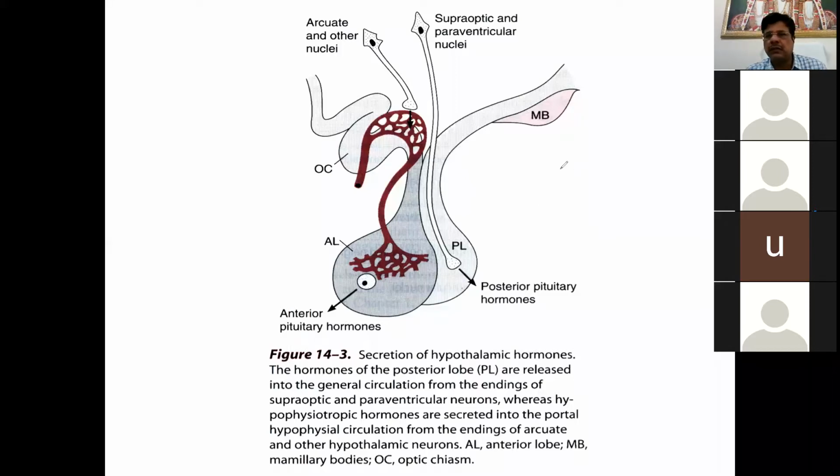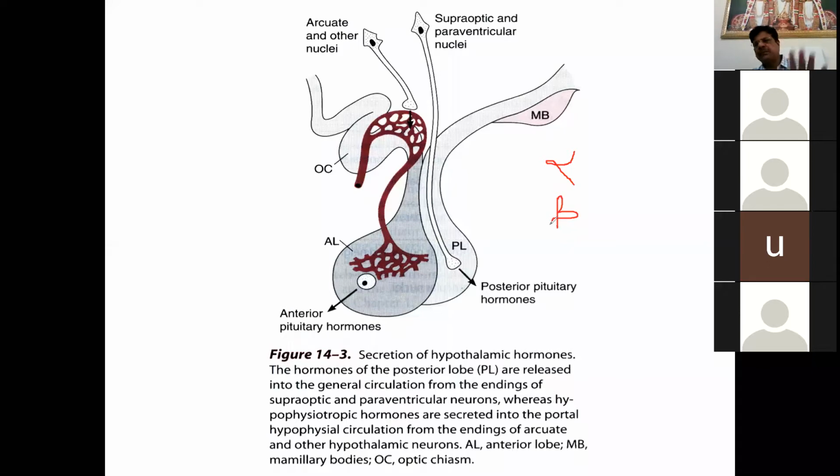They have 2 subunits, alpha subunit and beta subunit. They are polypeptides made up of the alpha and beta subunits. Okay. So TSH, FSH, LH, and HCG.